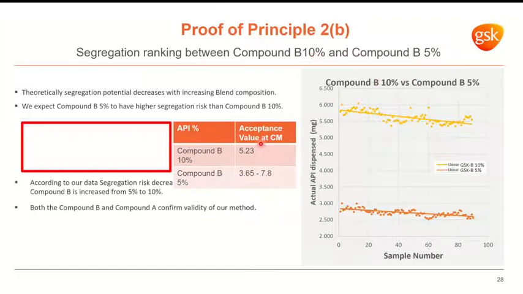And from the acceptance value as well, we see that compound B 5% has an AV value from 3.65 up to 7.8, whereas compound B 10% has an AV value of 5.23, which means that compound B 5% can segregate more than compound B 10%.